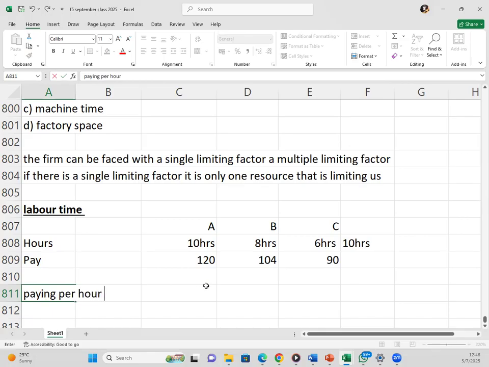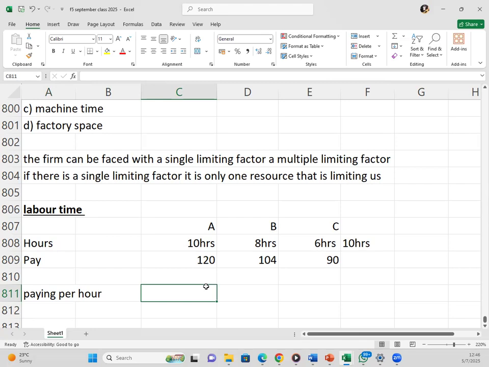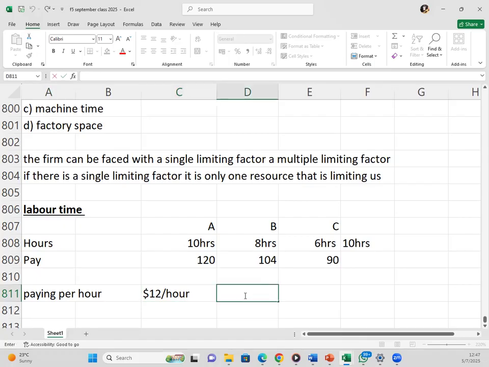For company A, they are saying 120 for 10 hours, so per hour, how much are they paying? 120 divided by 10 means they are paying me $12 per hour.